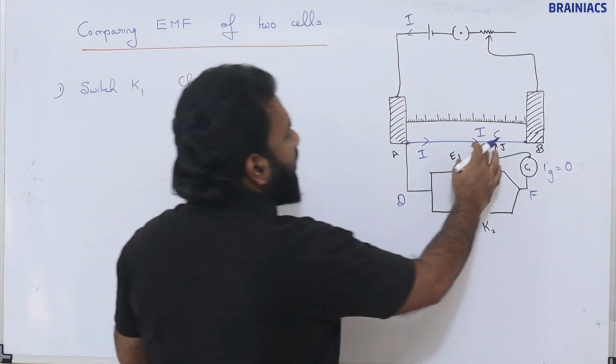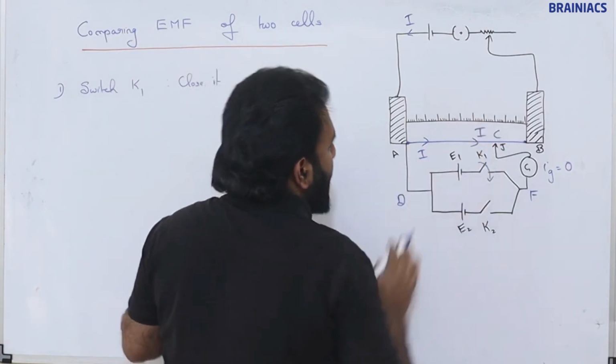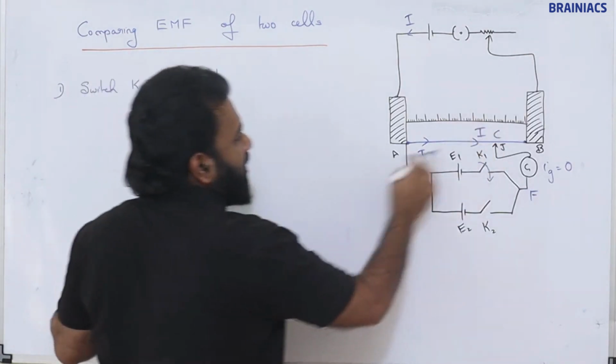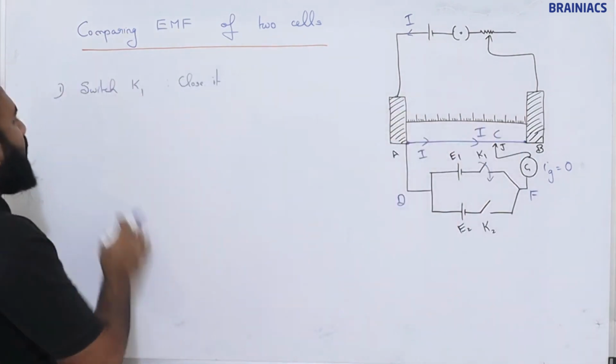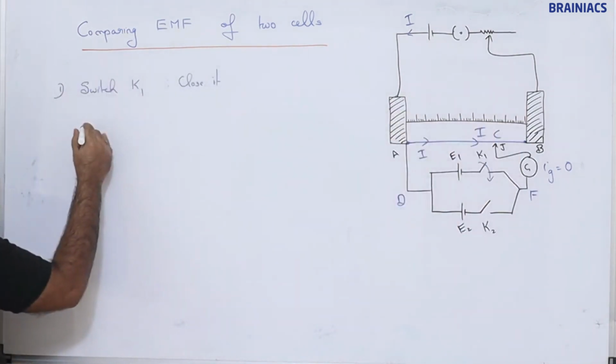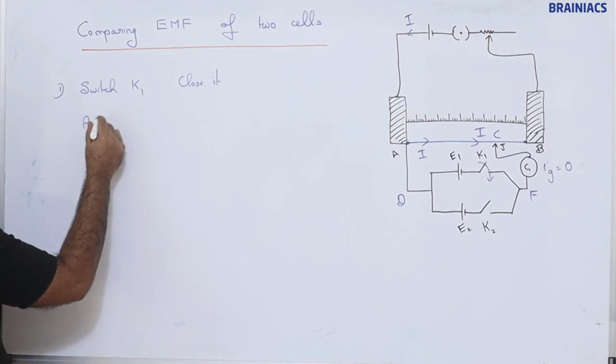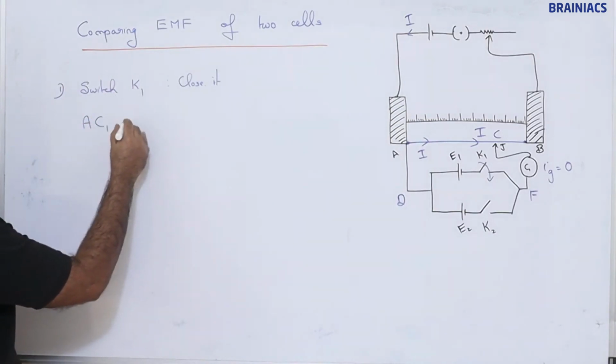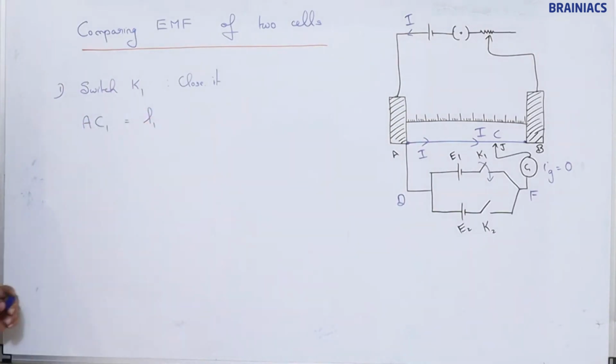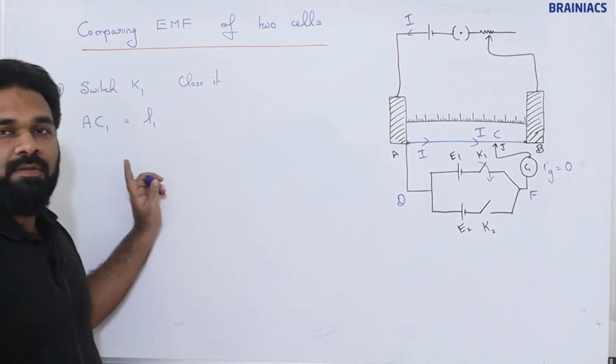So that length we will measure. Suppose this is AC, I am taking this as the measuring length, that is AC1 is equal to L1.